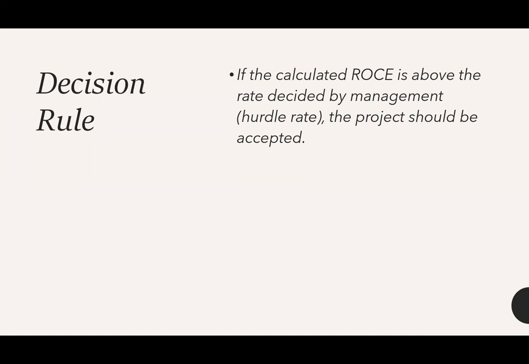In that case, you have to say that based on this, it is financially acceptable to proceed with this investment. However, if the ROCE you calculate is below the hurdle rate, you will decline that investment opportunity.